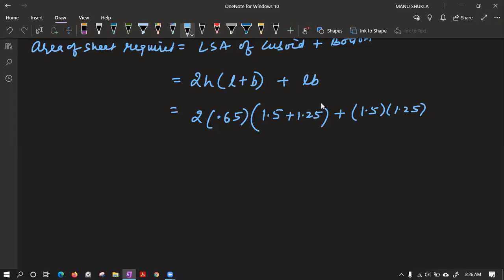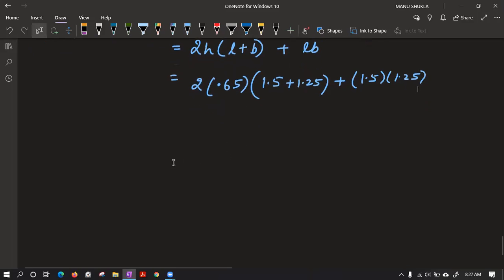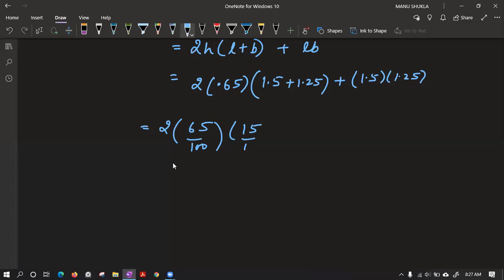And I think, Vaishnav, I have told you, if you have 100 or something like that in the denominator, it is better not to cut them because that will be easily dividing in the last. So you can write like this, as Vaishnav is saying, 65 by 100, 15 by 10 plus 125 by 100, plus 15 by 10, and the last is 125 by 100. They are getting multiplied. Okay, now just solve it and you will get the answer.